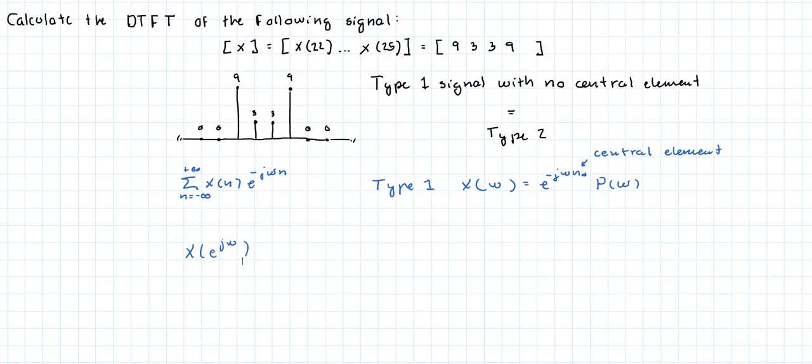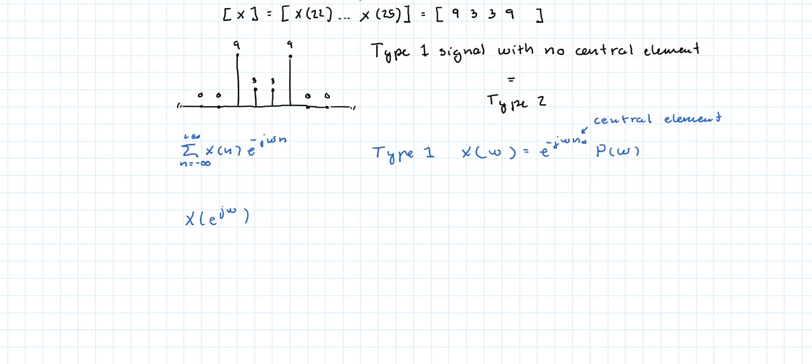It's 9, 3, 3, 9, so it would be 9 e to the minus j w 22, because we start at 22 and end at 25, plus 3 e to the minus j w 23, plus 3 e to the minus j w 24, plus 9 times e to the minus j w 25.